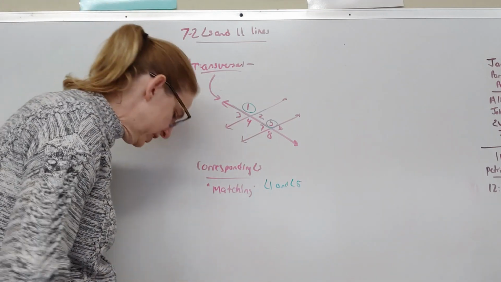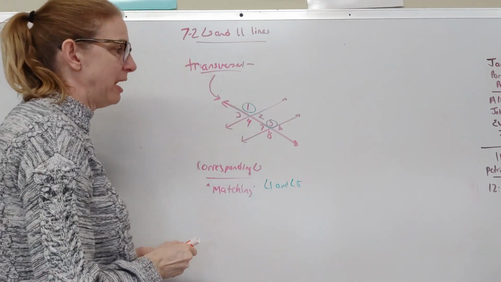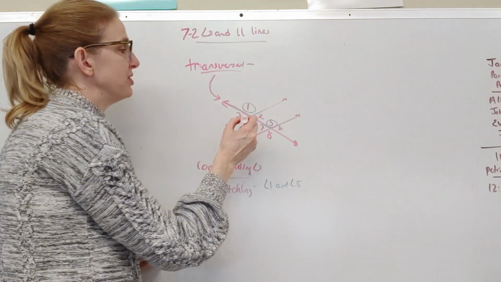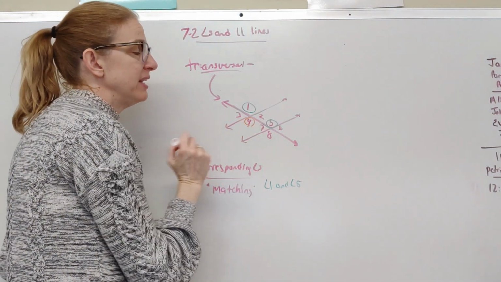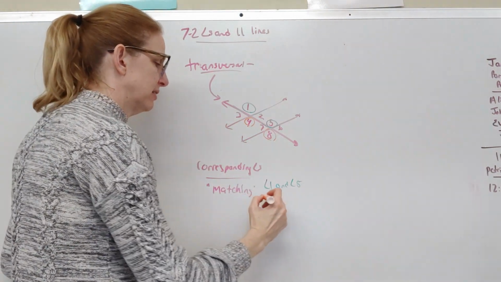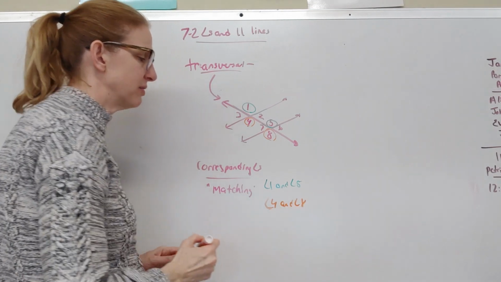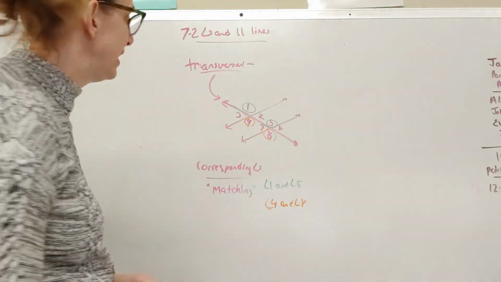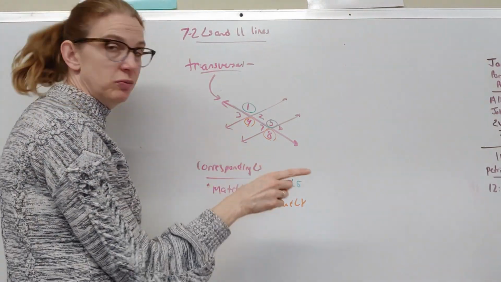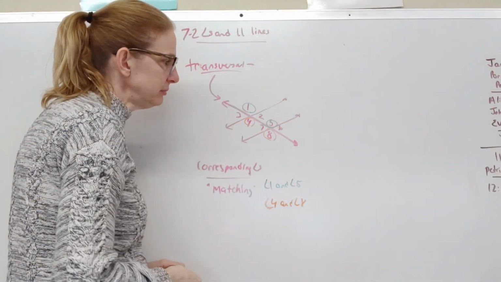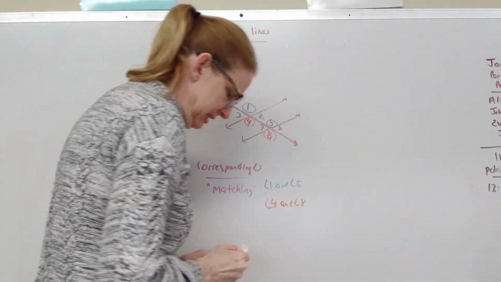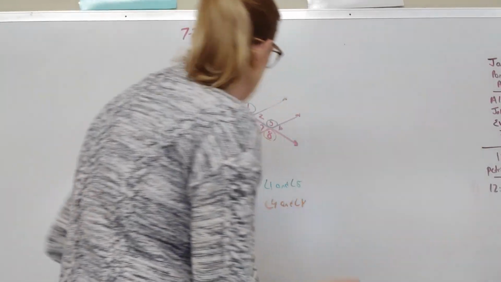Okay, well, what's another set of corresponding angles? Because there's a lot up here. Let's find another pair that's in a matching spot. Number 4 and number 8. Okay, so angle 4 and angle 8 are corresponding angles. So there's two more pairs. See if I can use another color.